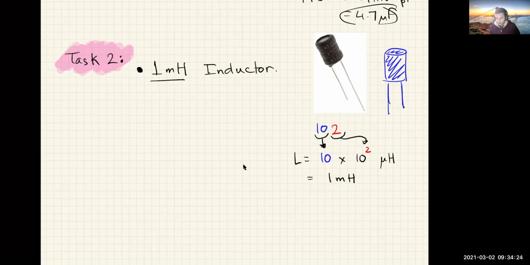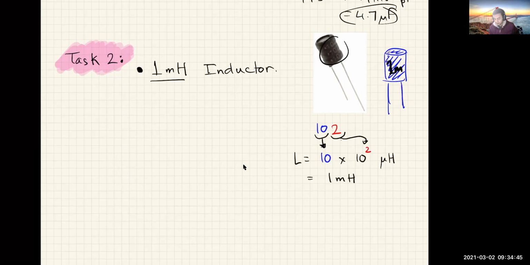But regardless, it will have some labeling on it, either 102 like this, or it will directly say 1M, indicating 1 millihenry. So reading off the values from numbers like this is similar to the capacitor.